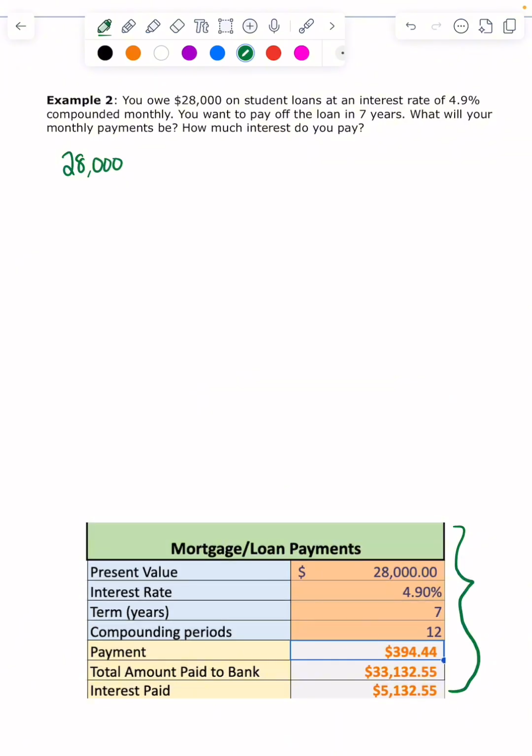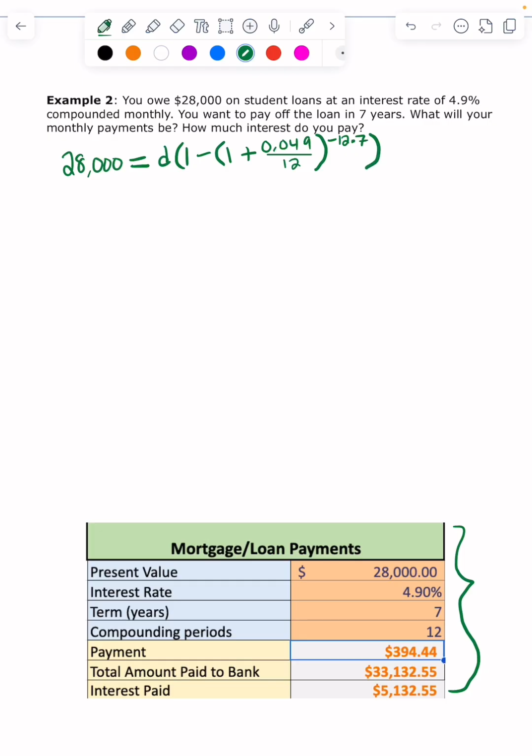So we're going to use the same formula, and we know this time the P sub 0 part, that's going to be the total amount of the loan, the $28,000. So that's equal to D times 1 minus, so D parenthesis 1 minus parenthesis 1 plus the interest rate, which is 0.049 divided by 12, parenthesis, and that's raised to the negative 12 times 7.